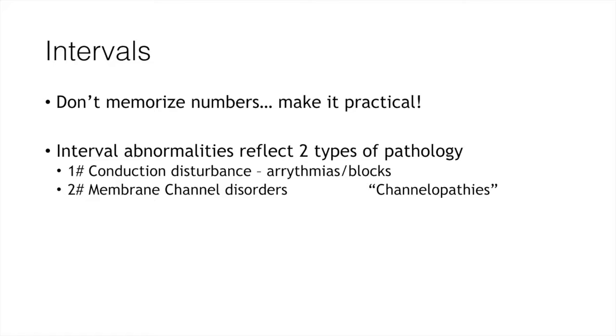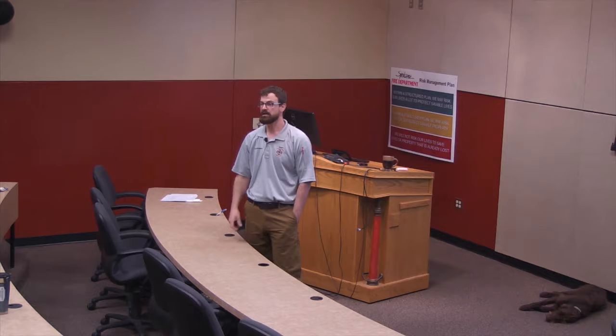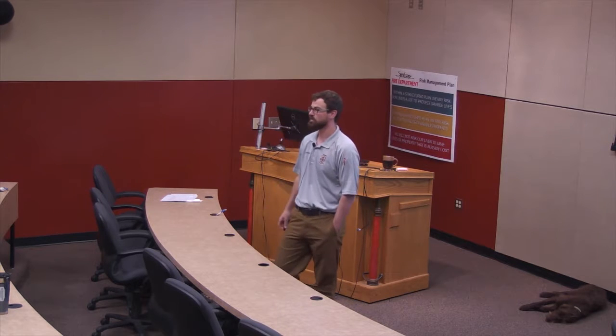Now, if I have abnormalities, interval abnormalities, it's going to represent either a conduction disturbance, right, or it's going to represent a membrane channel disorder or channelopathy, okay? And a membrane channel disorder could be inherited in a genetic mutation, like in long QT syndrome, where people are genetically born with that, or it could be because I block the potassium channels with a drug and I give them long QT from cardiotoxicity, right?